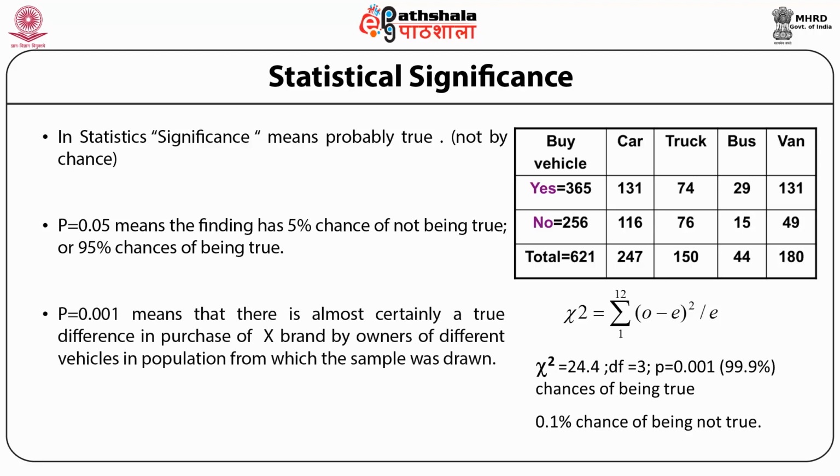If p is taken as 0.001, there is almost certainty of a true difference in purchase of a particular brand X by owners of different vehicles in the population from which the sample was drawn; it is 1 in 1000 by chance only. So it depends upon the preference, the particular brand which they choose.